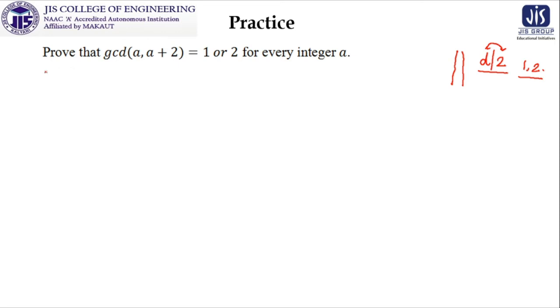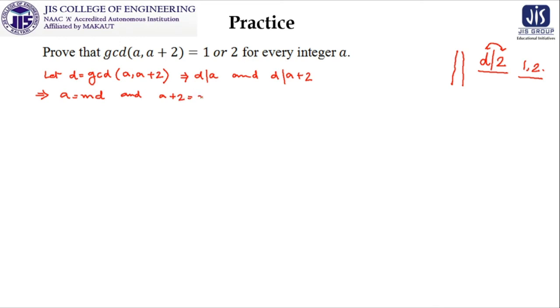So if we take D divides A and D divides A plus 2, then if we want to proceed further, we can write that A is equal to M into D according to the divisibility theorem, and A plus 2 is equal to, suppose, ND.